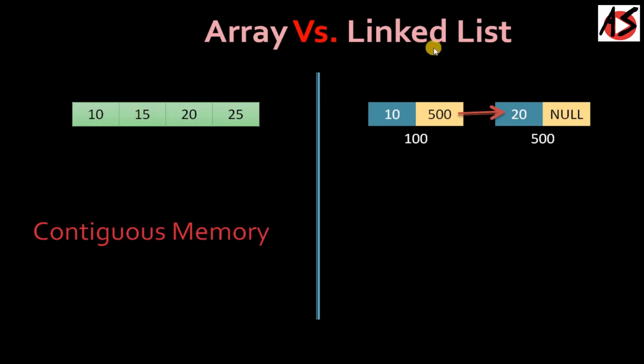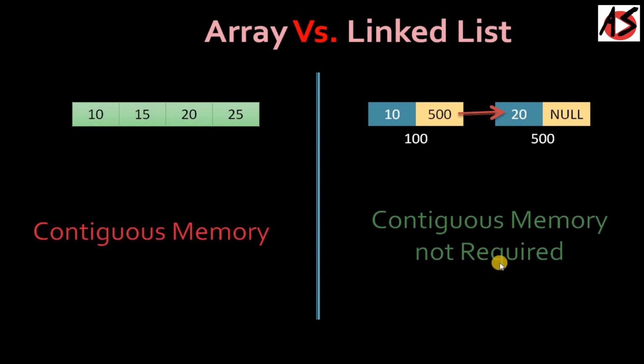While in the linked list, contiguous memory is not required. Any free available memory addresses you can use to store the nodes. This is the advantage of linked list over the arrays. This is all the advantages of linked list over the arrays.